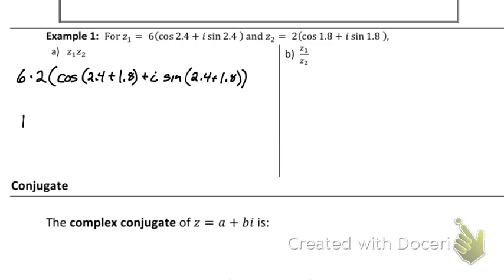And we're going to actually have 12 times cosine of 2.4 plus 1.8, which is going to be 4.2. Oof. My brain died for a second. I went with memorizing instead of actually doing the math in my head. 2.4 plus 1.8 is 4.2 as well.